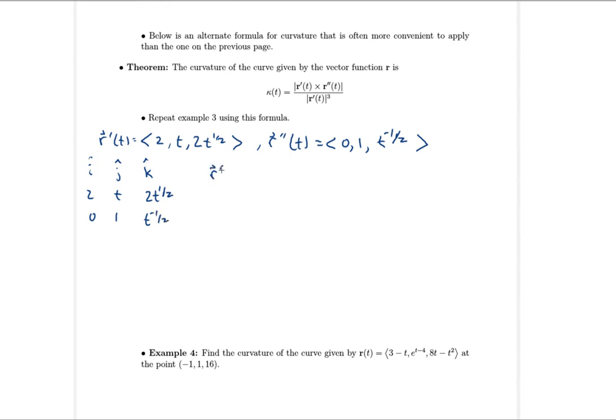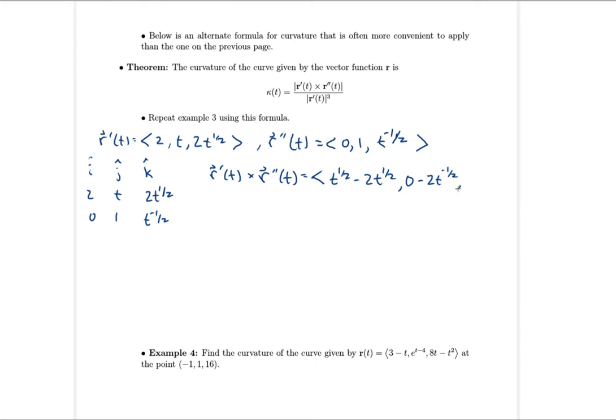So if I take that cross product, for the x component, I'm going to end up with, well, t times t to the negative 1/2 is t to the 1/2, minus 2t to the 1/2. That's my x component. Then my y component is going to be, well, t to the 1/2 times 0, so that's 0, minus 2t to the negative 1/2.